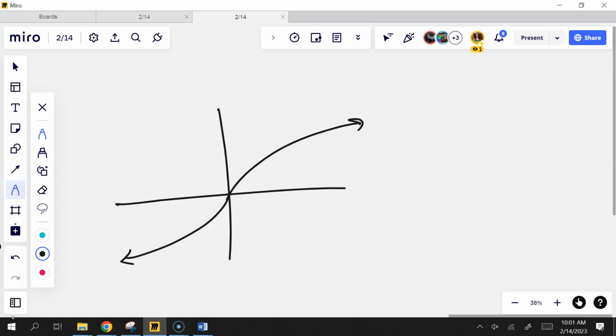Here's my cubed root, right? So domain here is everything. How about the range? Anybody? Somebody, anybody, everybody? Well, look from the bottom up. What's the lowest the graph ever goes? Negative infinity.